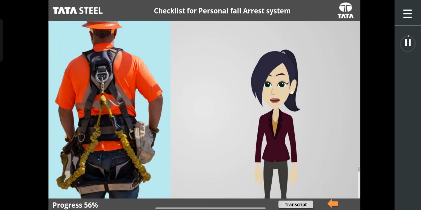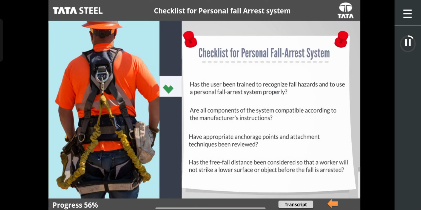Before using a personal fall arrest system, the supervisor and/or the user must address the following questions. Has the user been trained to recognize fall hazards and to use a personal fall arrest system properly? Are all components of the system compatible according to the manufacturer's instructions?